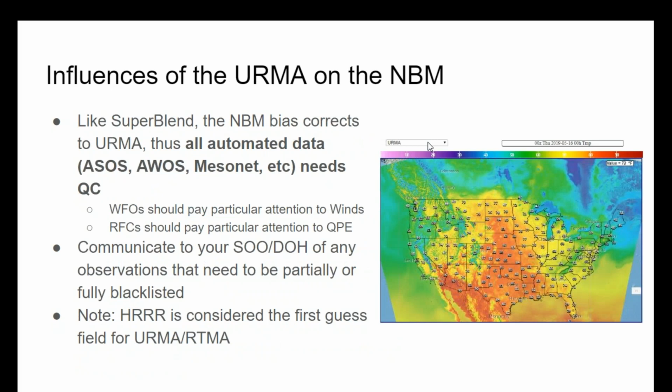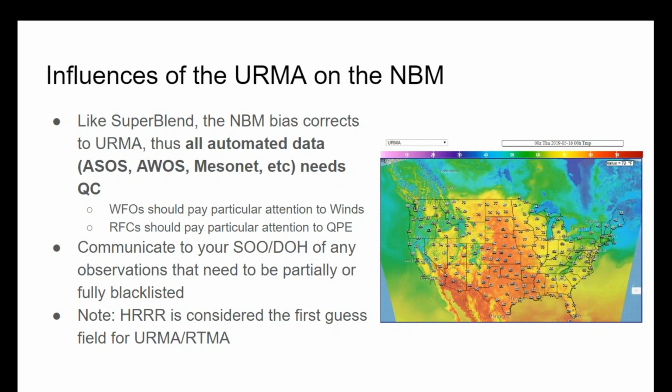So I mentioned URMA just a little bit ago, and the SuperBlend also bias corrected to URMA, so no change here. Thus, for you as forecasters, we need to make sure to do QC on all that automated data, whether it's ASOS, AWOS, Mesonet.